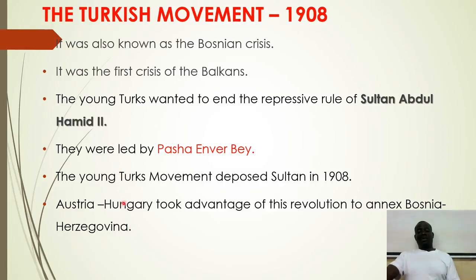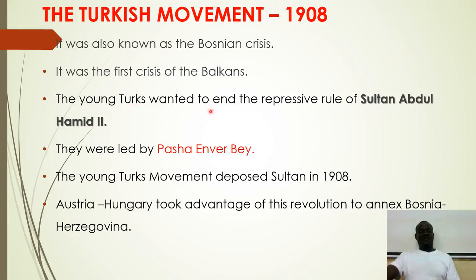We have said that Austria-Hungary was also interested in the affairs of the Balkans. When Serbia was fighting for independence and Pan-Slavism, Austria-Hungary blocked that. But in 1908, the situation got out of hand even in the Turkish Empire, such that within Turkey the young people formed their movement to remove their ruler.